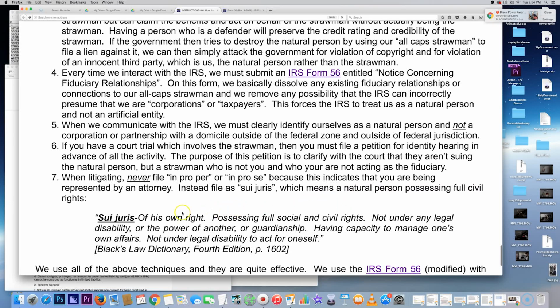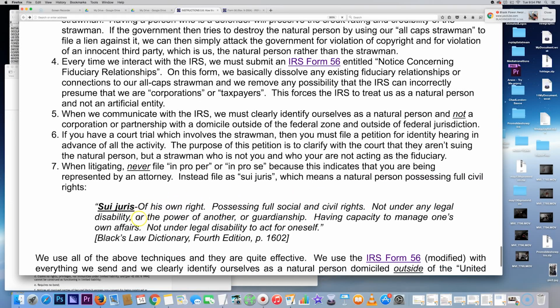Sui juris is defined as follows: of his own right, possessing full social and civil rights, not under any legal disability or power of another or guardianship, having capacity to manage one's own affairs, not under legal disability to act for oneself. As referenced from Black's Law Dictionary, 4th edition, page 1602.